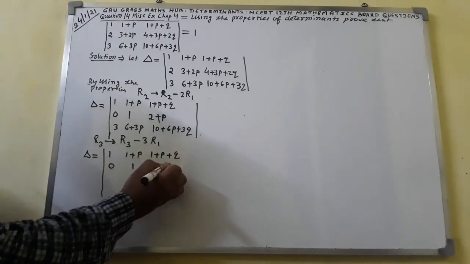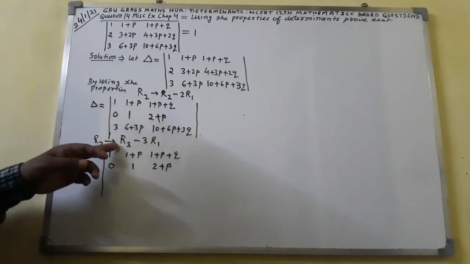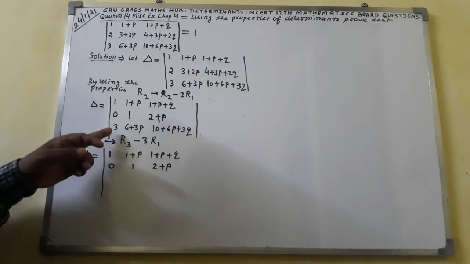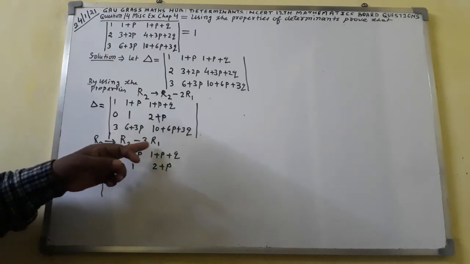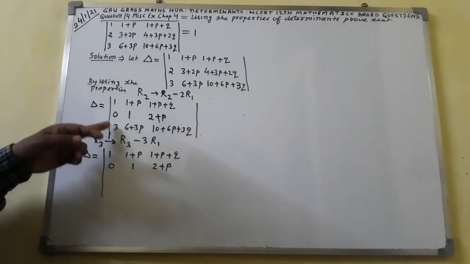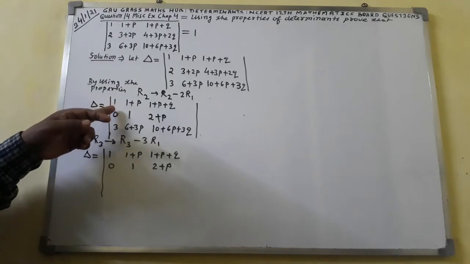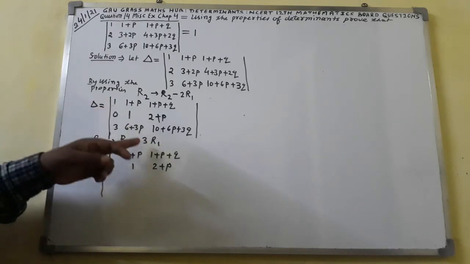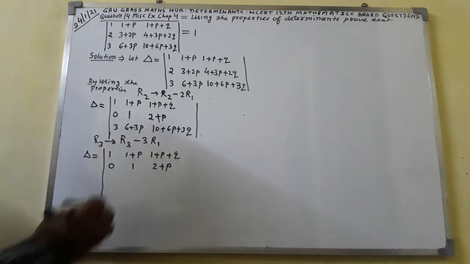And R3 minus 3 times R1. So now if I take the first element of R3 as 3 minus 3 times R1, the corresponding element in the first row will be 1. So 3 times 1 comes out to 3, and 3 minus 3 comes out to 0.